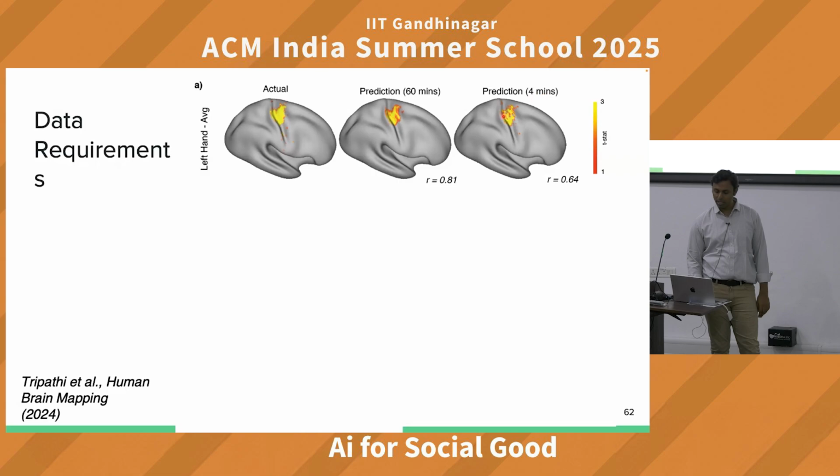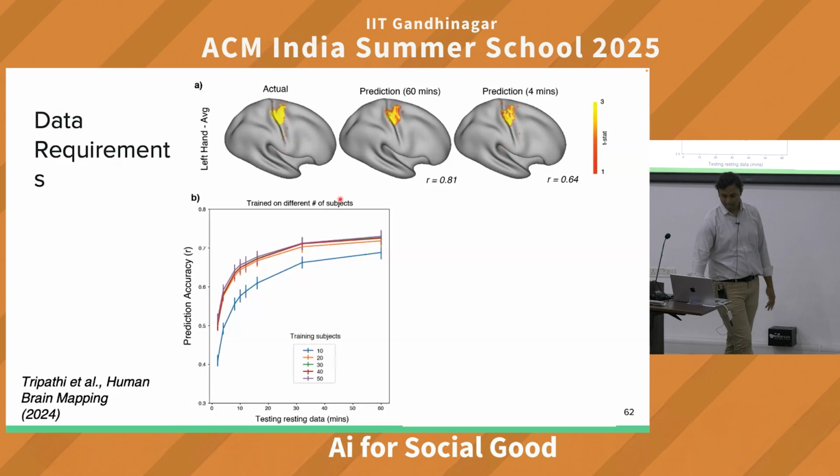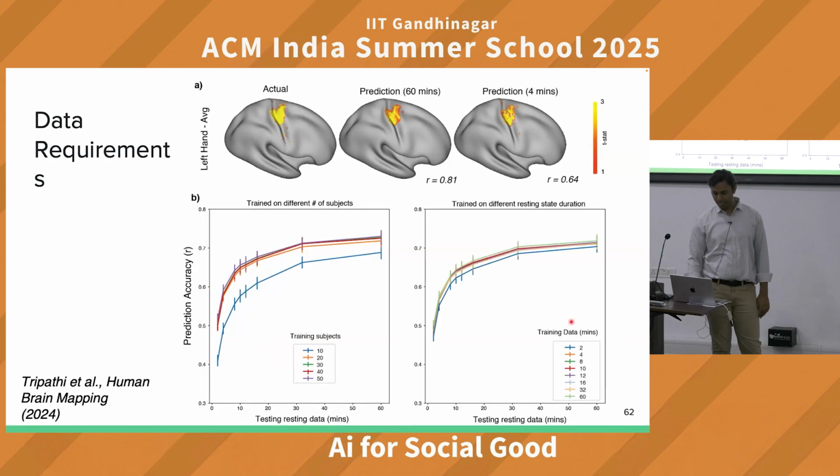And then just with 4 minutes of data, we were still able to do a significant prediction. तो हमको कितना डेटा चाहिए? तो we kind of realized that anything after 20 minutes is good, but number of subjects, if you have around 20 training, तो अगर आपने मॉडल 20 सब्जेक्ट पे ट्रेन किया है तो it starts to do pretty well. और कितना डेटा ट्रेनिंग में चाहिए? जब like 4 से 5 मिनट का डेटा, if you are training at least 20 subjects, you start to get very good results. So 20 subject, 5-10 मिनट का डेटा start giving good result.